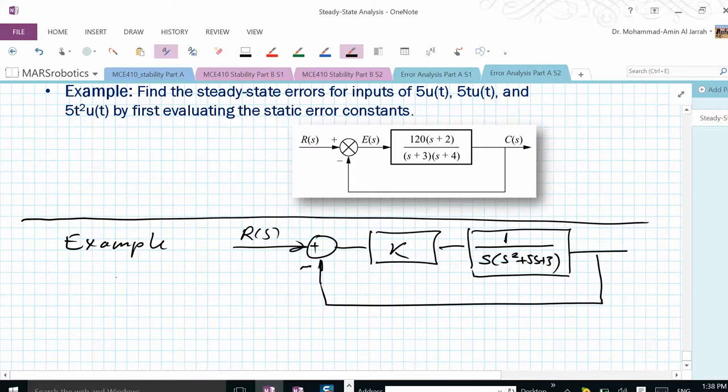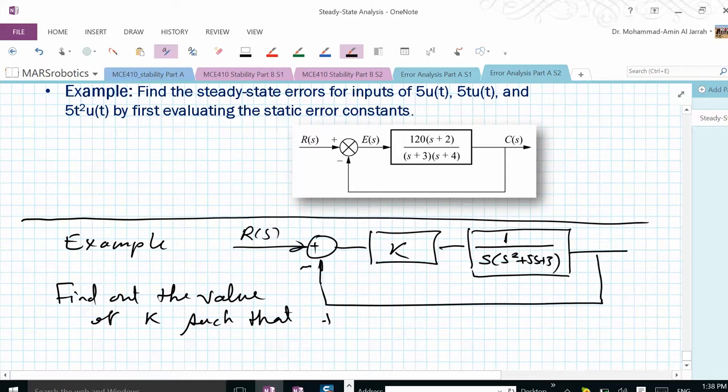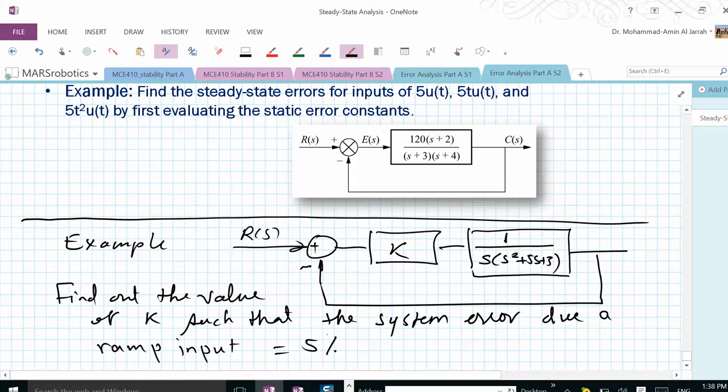And we would like to find out the value of K such that the system error due to a ramp input equals 5% of the steady state value.